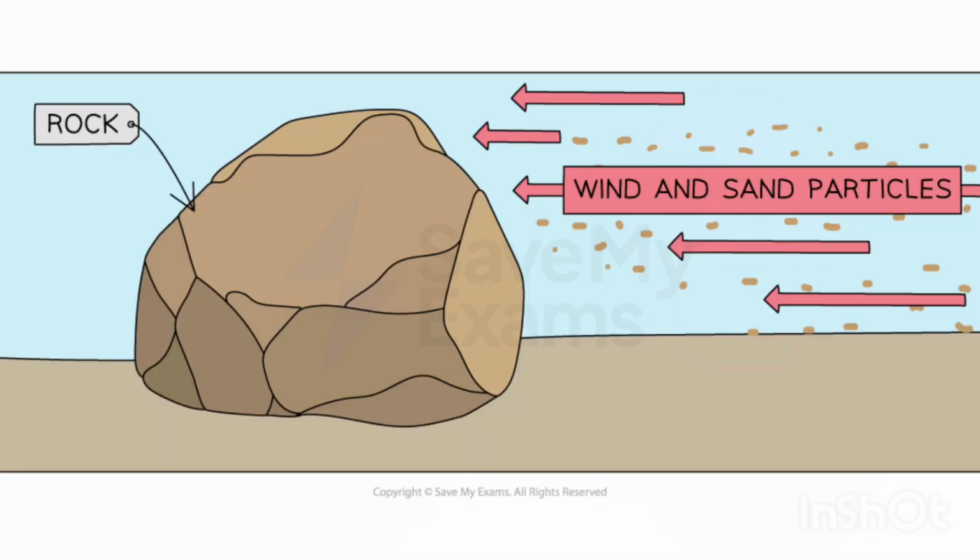Now, understanding abrasion, you can see that strong desert winds carry sand grains and other rock particles. And what do they do? They rub strongly against the numerous rock outcrops and wear them down. This is what you mean by the erosional process, abrasion.